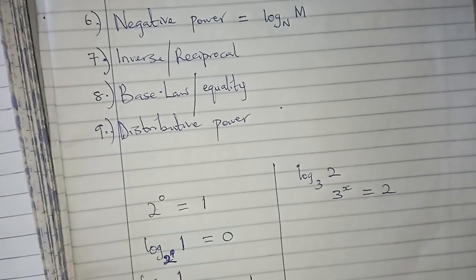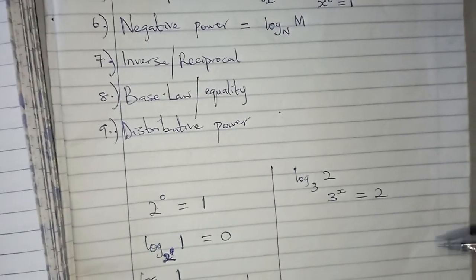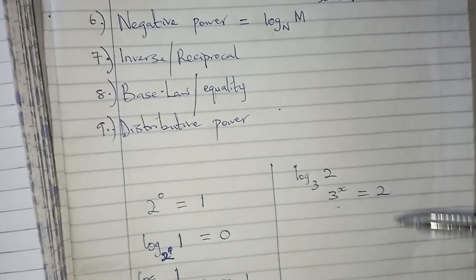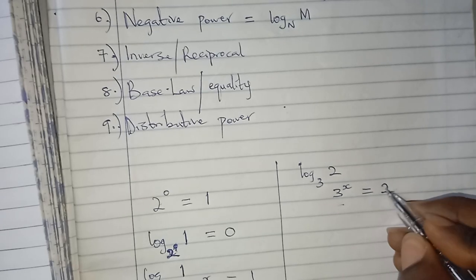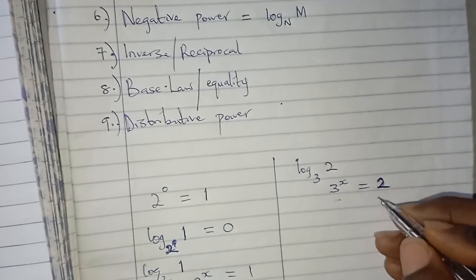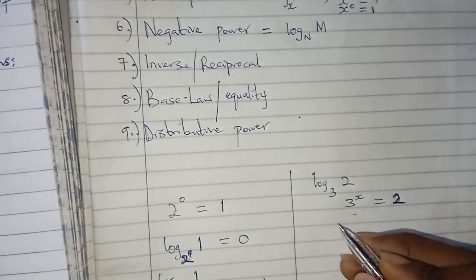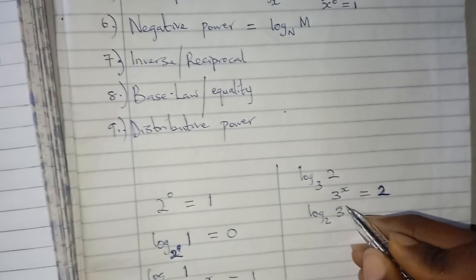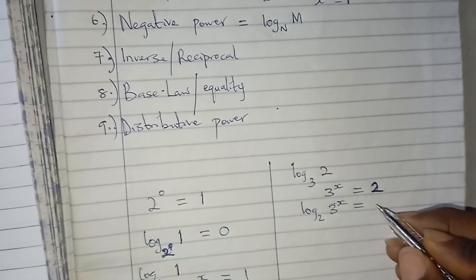Notice that at this point, this is where most students get stuck, because 3 raised to power x equals to 2, the 2 numbers are in their lowest form. And if you check it very well, you can clearly see that they have nothing in common. So I know that if I add log to both sides, so far as I add it to both sides of the equation, there will be no problem.